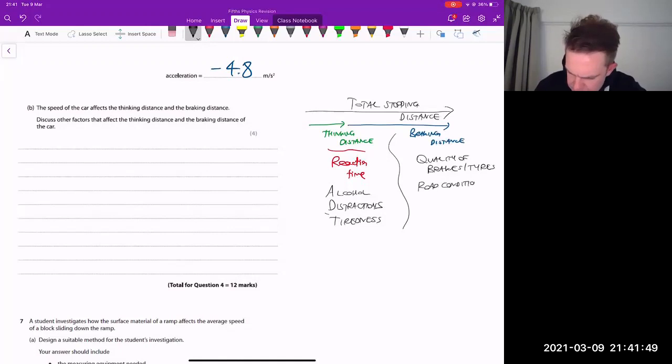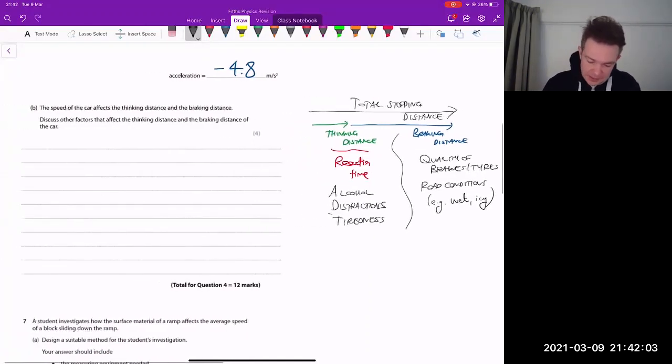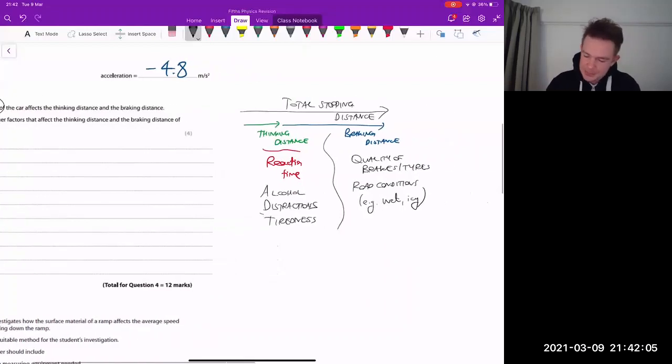And I would talk about, give examples. So if it's wet or icy, that's going to increase the braking distance typically because there'll be less friction between the tyres and the road. The other thing which affects braking distance, of course, we've mentioned speed, but larger mass, the mass of the vehicle, will also affect the braking distance.